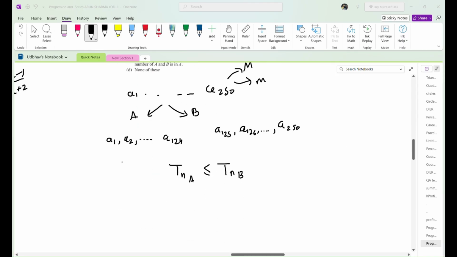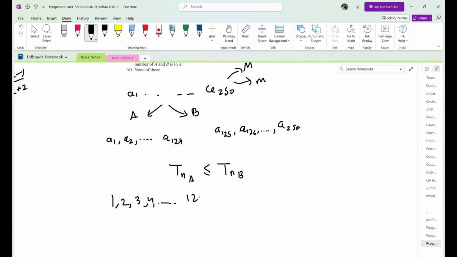Let's assume a sequence. Let's assume that sequence A is 1, 2, 3, 4 up till 124 and sequence B is up till 250. So this is one sequence, this is another sequence.